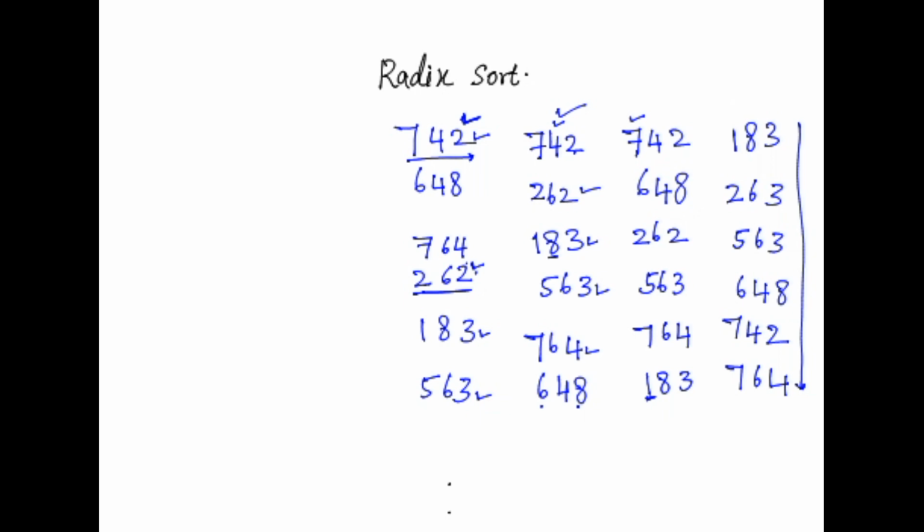Okay, so now we need to understand why this is a sorted sequence. If I take two numbers whose first digits, the most significant digits, are different, say this starts with 5 and this starts with 7, then it doesn't matter what is written after that. 500 and anything is always smaller than 700 and something.